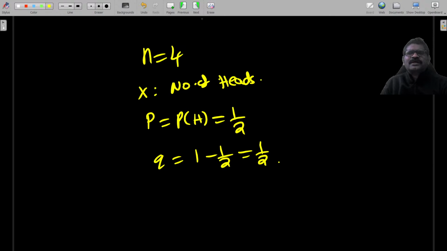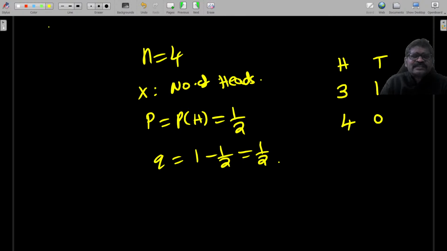Now in this problem we have to find the probability that the number of heads is more than the number of tails. Suppose number of heads is 3, number of tails is 1. Suppose number of heads is 4, number of tails is 0, because the total number of tosses is 4.